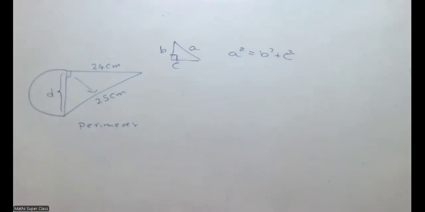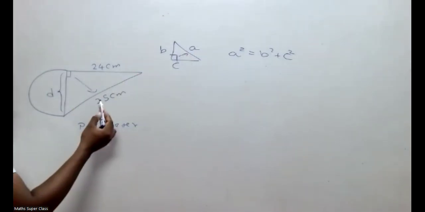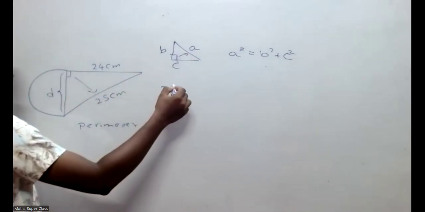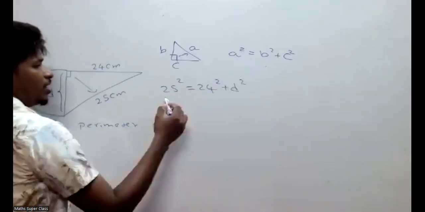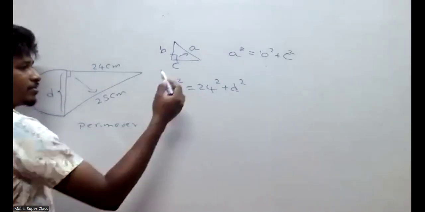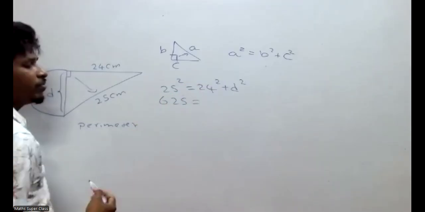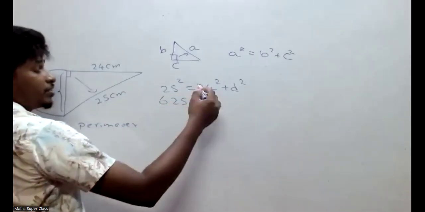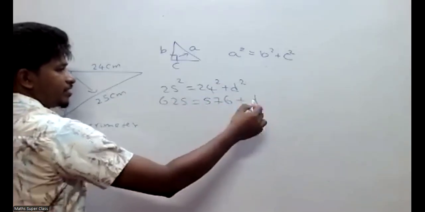So A means this 25. 25 square equals 24 square plus D square. Now, 25 square means 25 multiplied by 25, that is 625. 24 square, 24 into 24, is 576, plus D square.